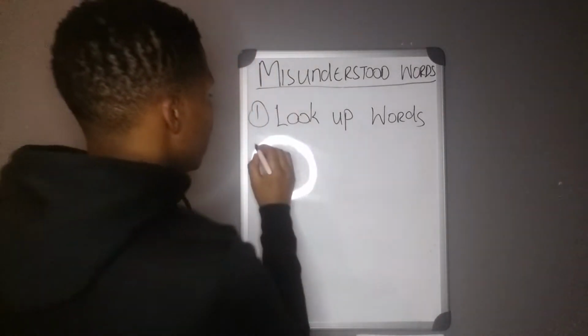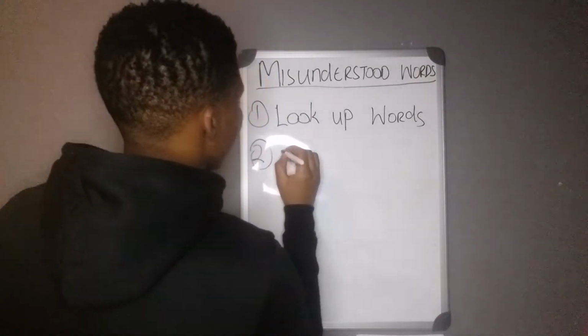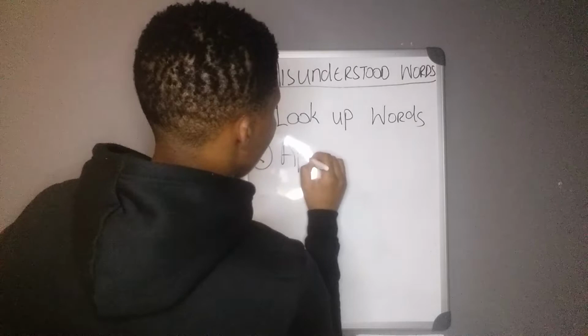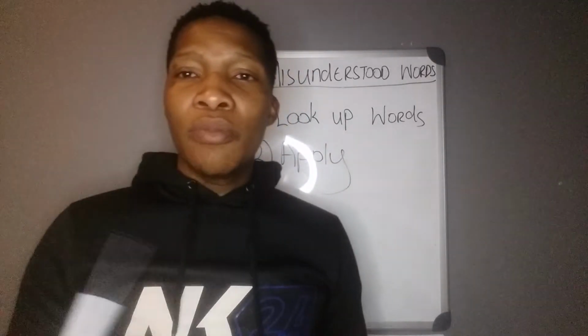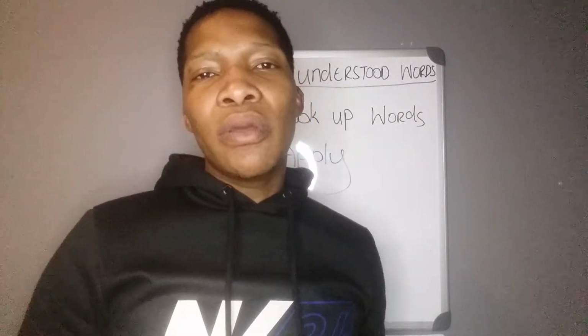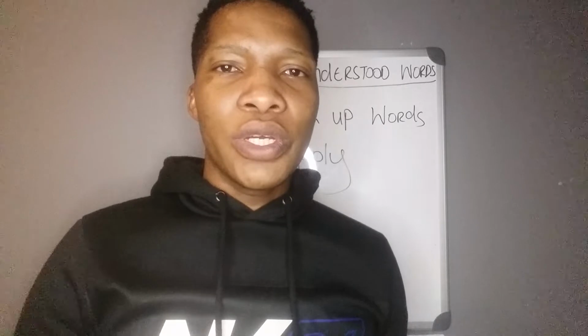So once you look up the words, step number 2 is for you to apply. What do I mean by apply? It means that you need to take that word and probably create 5 to 10 sentences, until you understand completely how to use the word.